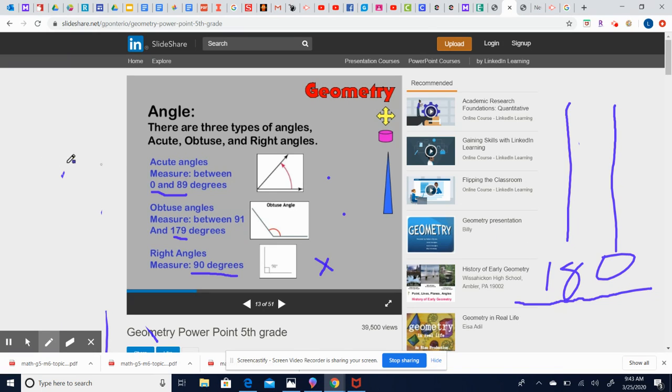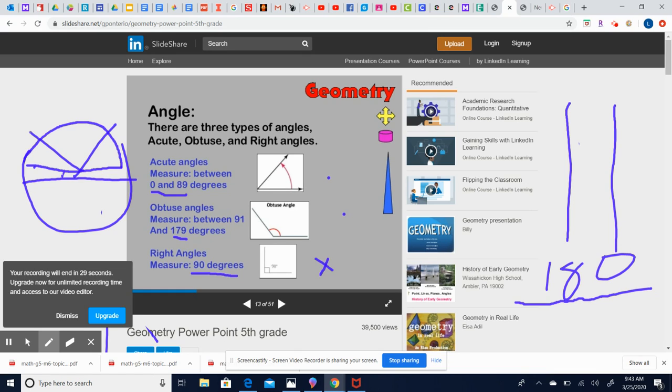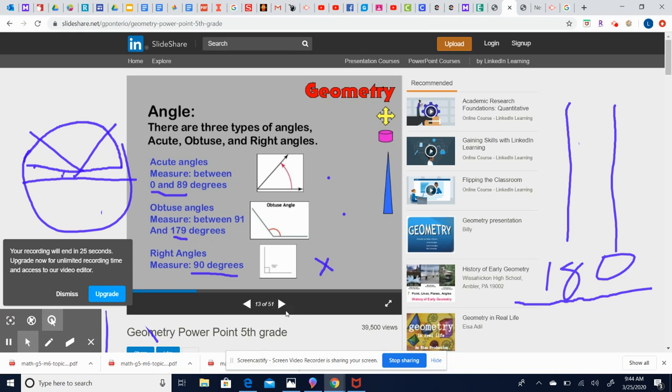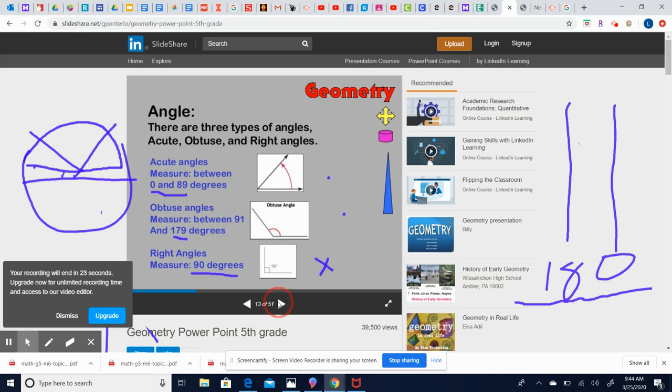And the reason that they get this is because, so here's our line and a circle, okay? And we're talking about angles on that side of the circle.